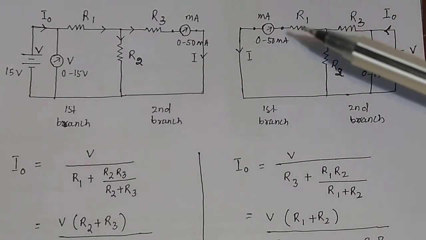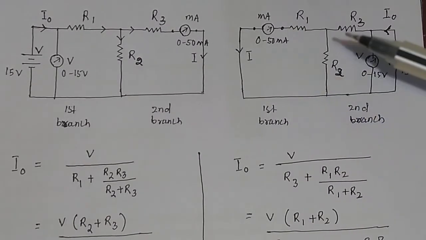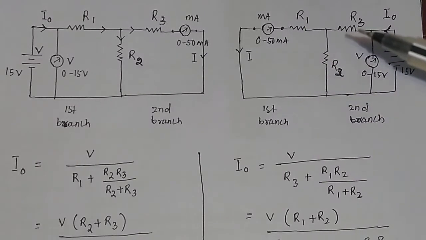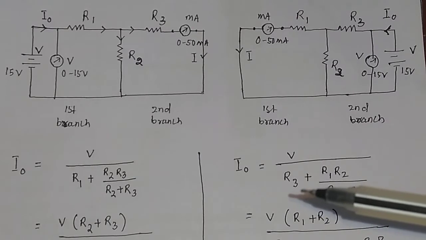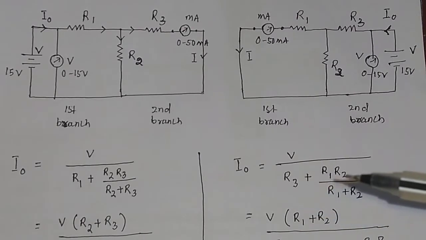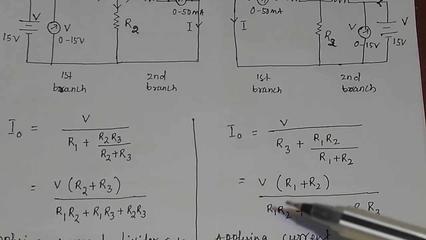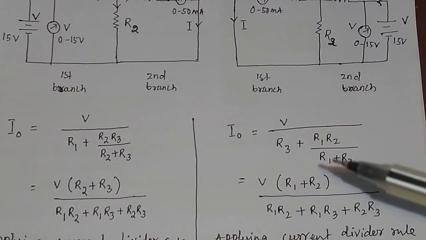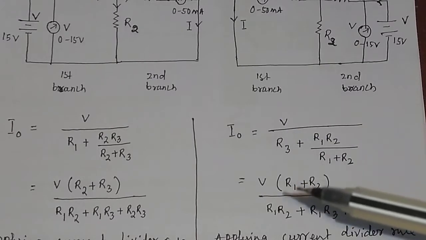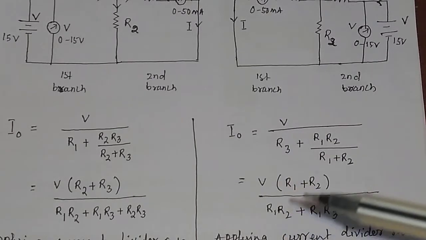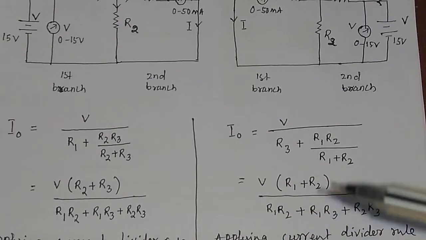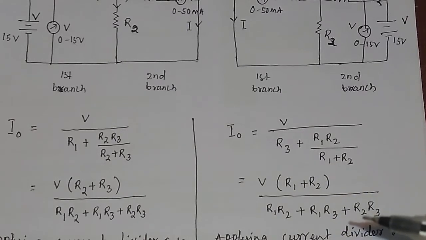You see R1 and R2 are in parallel and its effective resistance is connected to R3 which is in series. So the total resistance will be equal to R3 plus R1 R2 divided by R1 plus R2. So if you solve it, then you will get V into R1 plus R2 in the numerator, divided by R1 R2 plus R1 R3 plus R2 R3.